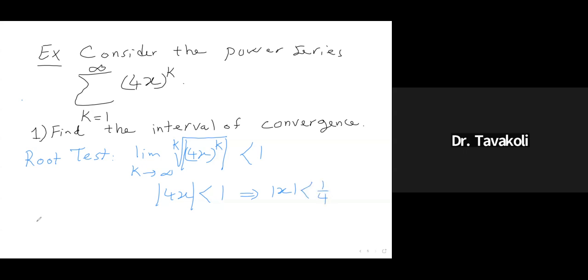What does that mean? That means that if absolute value of x is less than 1/4, x is between these two values, minus 1/4 and plus 1/4. You have seen this in more elementary courses that if absolute value of the variable is less than a positive number, x is between minus that number and plus that number.